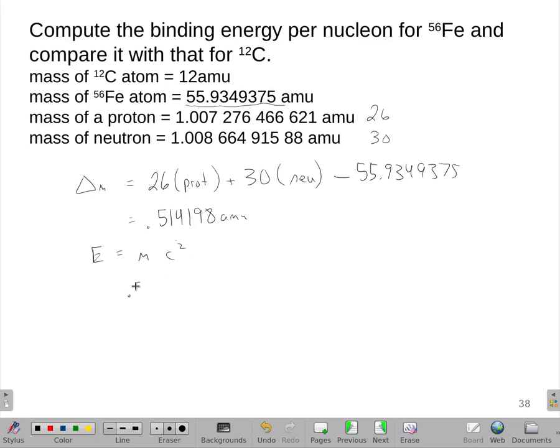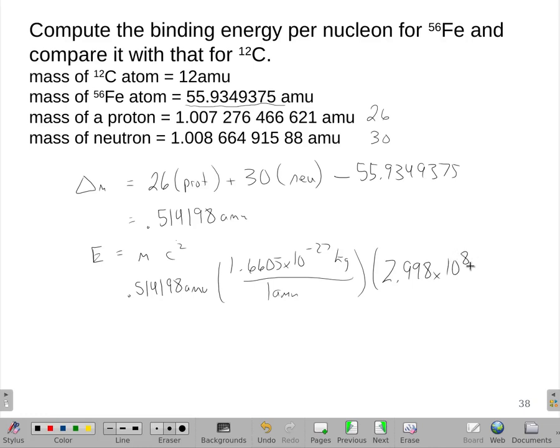That's perfectly fine because I do know that 1 AMU happens to weigh 1.6605 times 10 to the negative 27th kilograms. And then I'll multiply it by the speed of light squared, so 2.998 times 10 to the 8th meters per second squared. Let's see what we get if we do all that.